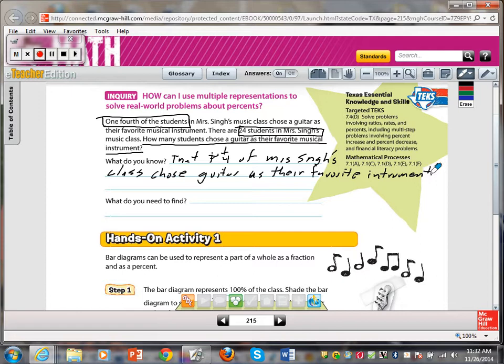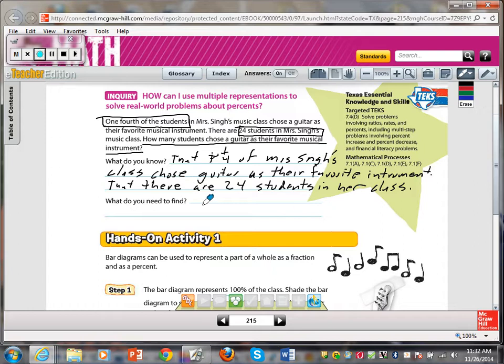That's what we know. And we also know that there are 24 students in her music class. Okay, so those are the two things that we know: that 1/4 like guitar, and that there are 24 students in her class.